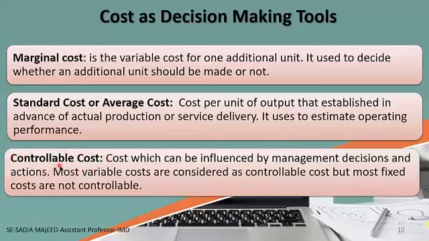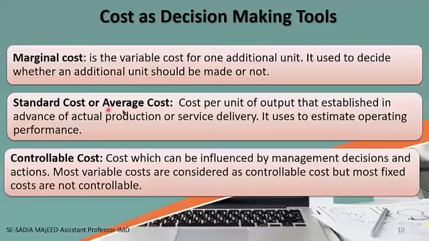Now, next is the controllable cost. If actual cost is greater than the cost you have set in advance, that means the standard cost, what you have to do is control the cost so that your actual cost reduces and becomes equal to the standard cost or average cost which you have already set.